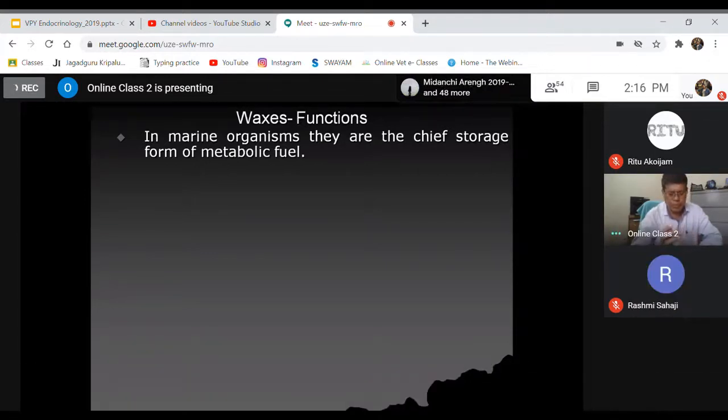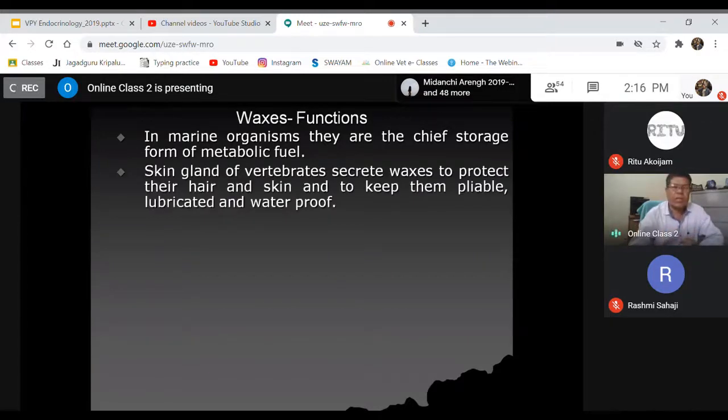Next, the skin glands of the vertebrates secrete wax to protect their hair and skin and to keep them pliable, lubricated, and waterproof. So in vertebrates, the skin glands produce it to protect the hair and skin and to lubricate.